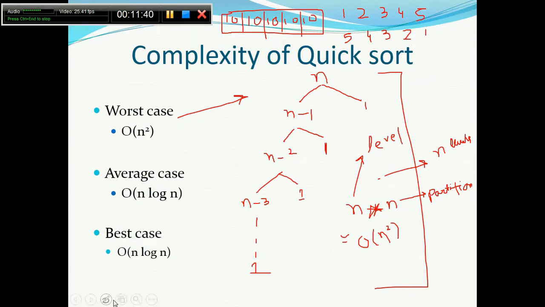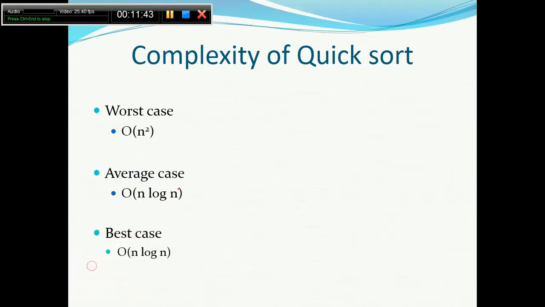So I will try the best case also one time, or average case, whatever it could be. It would be like n. It will divide into n by 2. One pivot element will get to the correct place, and n by 2 minus 1.